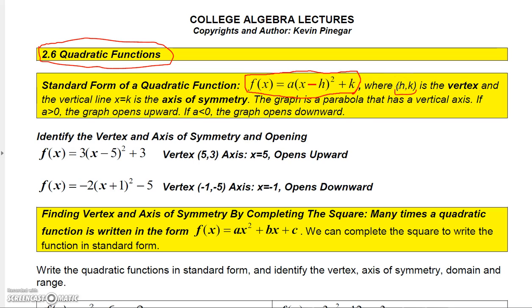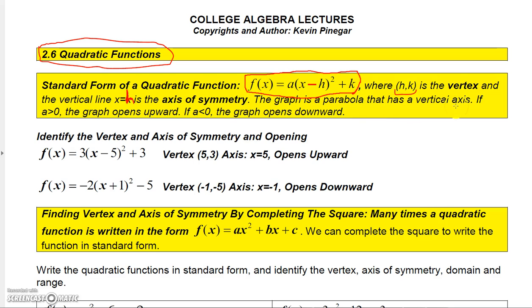And since the axis of symmetry is a vertical line, the vertical line would be x equals h, because it's got to be the x value. So x equals h is the axis of symmetry.